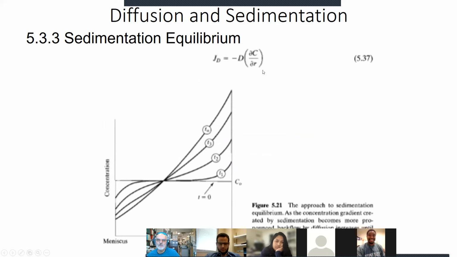Now, if the flow gets to a point where it stops sedimenting, so you run it at a slower speed and at time 1 there's some kind of sedimentation that happens, but eventually it stops sedimenting and it sets up a constant boundary.